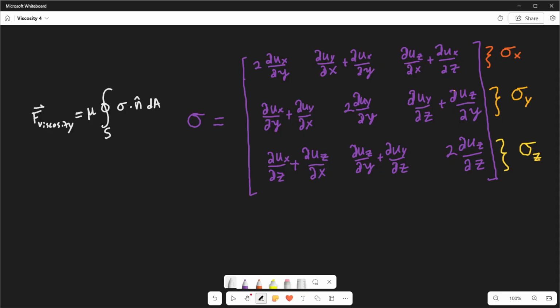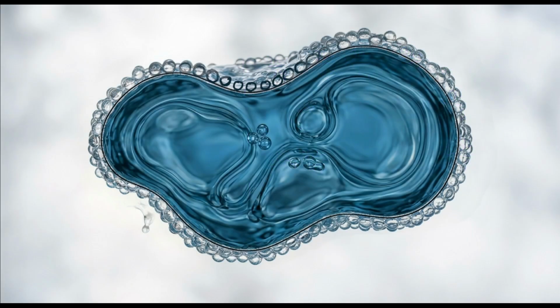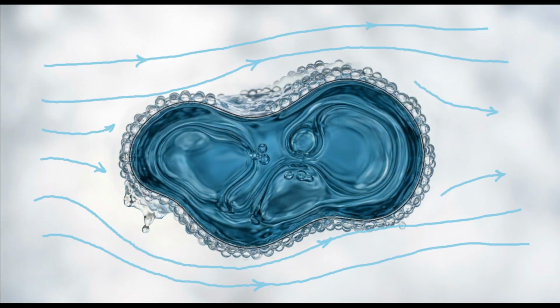This will get the net viscosity on the entire object, which is the net force caused by the flow around the object that generates these viscous forces of drag on that fluid blob.